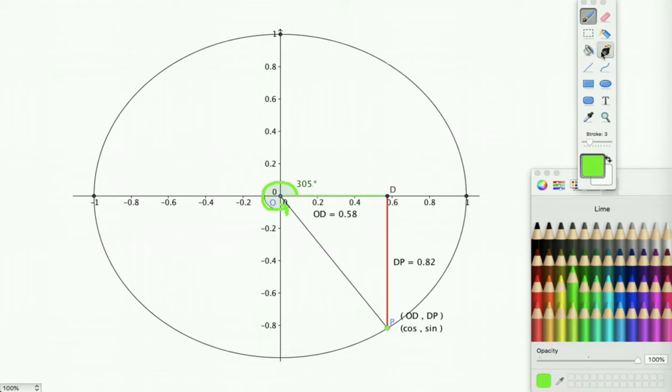In order to find the tangent of 305 degrees, we could take our y coordinate divided by our x coordinate, or take our sine divided by our cosine. So we want to find another point on this graph which will have the exact same tangent.